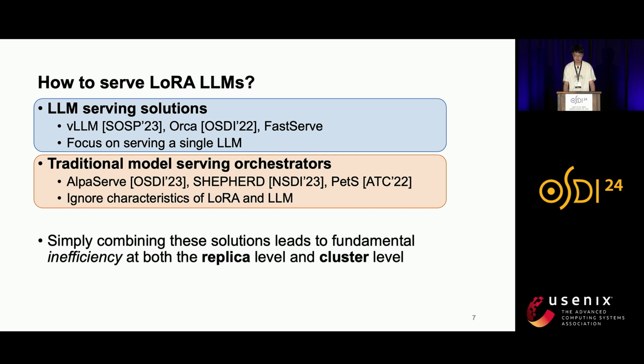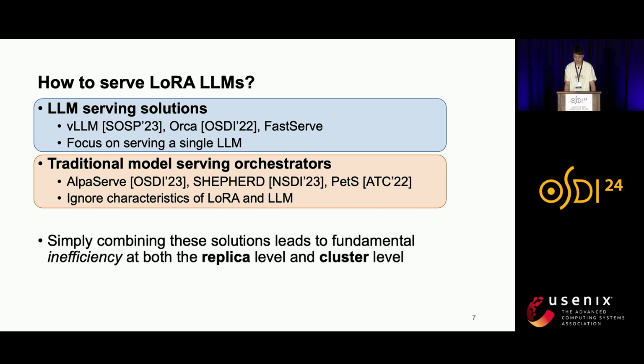We found that previous related solutions cannot perfectly solve this problem. Earlier frameworks for large language model inference primarily focus on efficiently serving a single large language model without addressing how to effectively serve multiple LoRA LLMs.